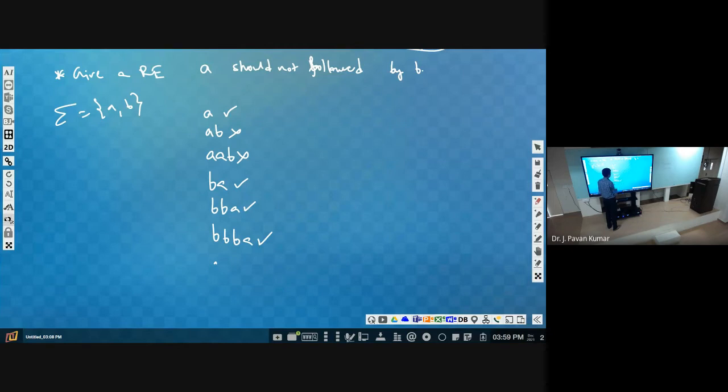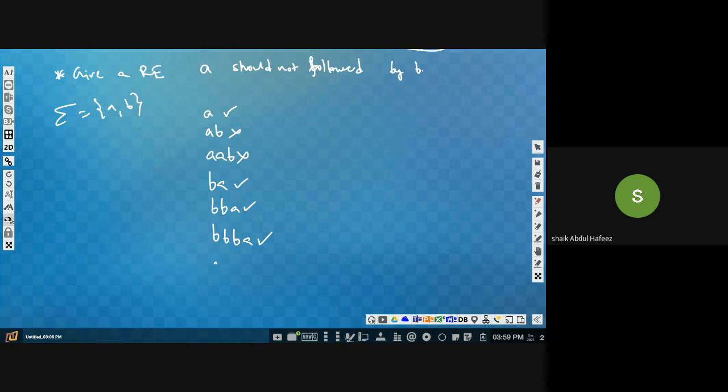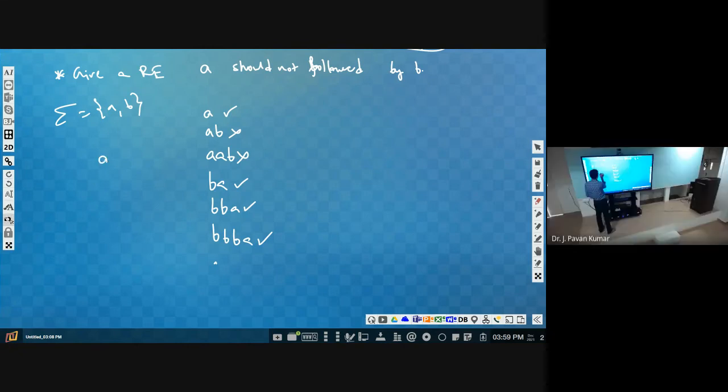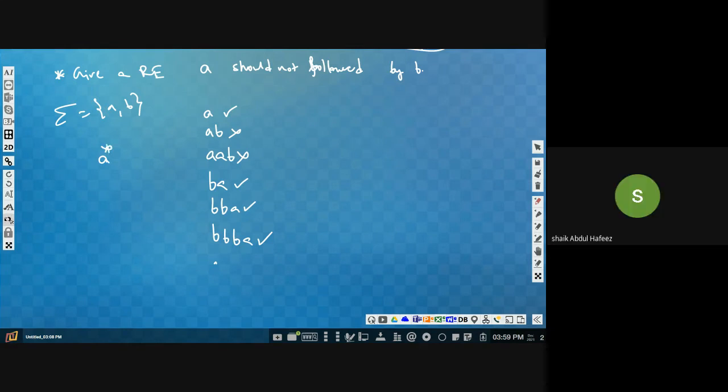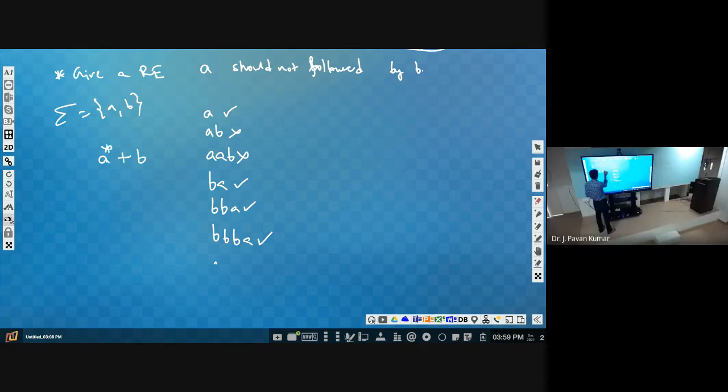Now you can generalize it easily. A star plus B star into A star. Any number of times A can come.